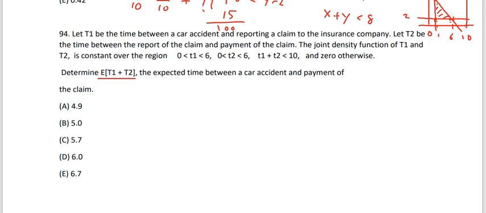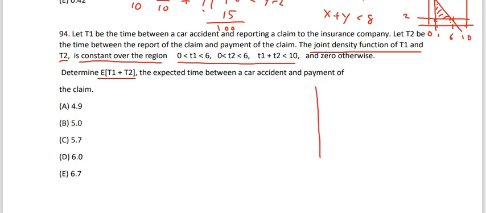The joint density function for T1 and T2 is constant over this region, so we need to sketch this region.